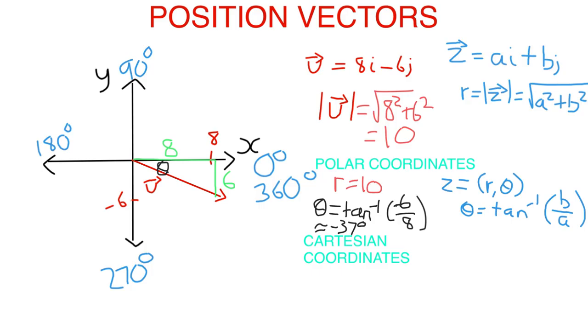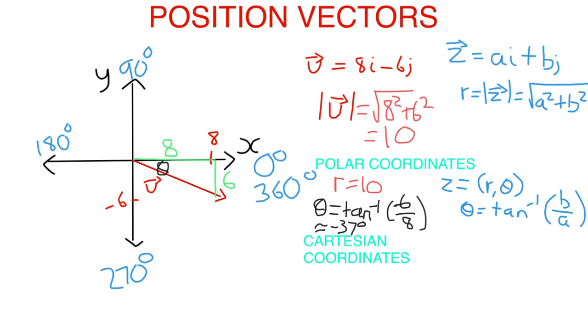Now, when we're representing the direction of a vector here, we want to use an angle between 0 and 360. So these numbers 0, 90, 180, 270, 360 are the same numbers you'd be used to from the unit circle. This angle here is 37 degrees. That's the magnitude of the angle. But we want to avoid ambiguity, because if I just represented this as 37 degrees, there's another vector here with magnitude 10 that's 37 degrees from the positive x-axis.